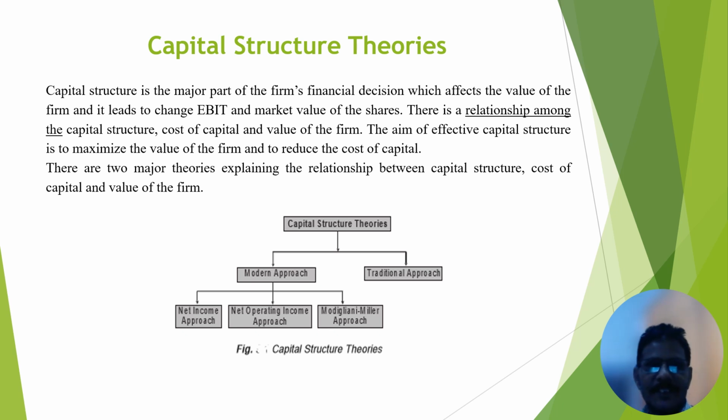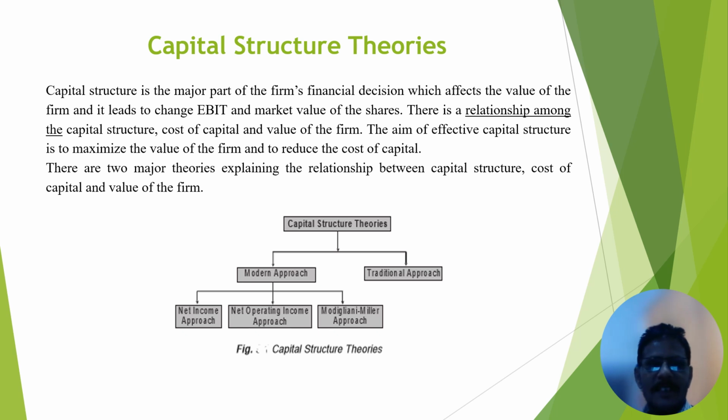For capital structure, we have different theories. The theories regarding capital structure are a major part of the firm's financial decisions, which affect the value of the firm, and lead to changes in EBIT and the market value of share. Here EBIT means earning before interest and tax.